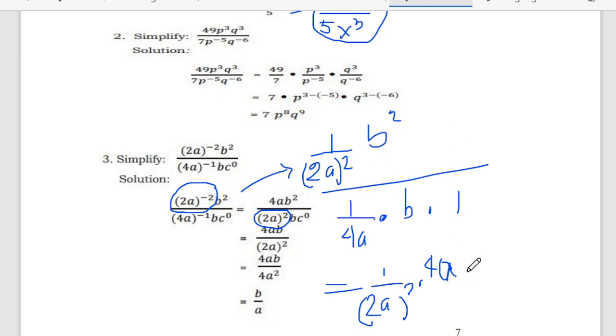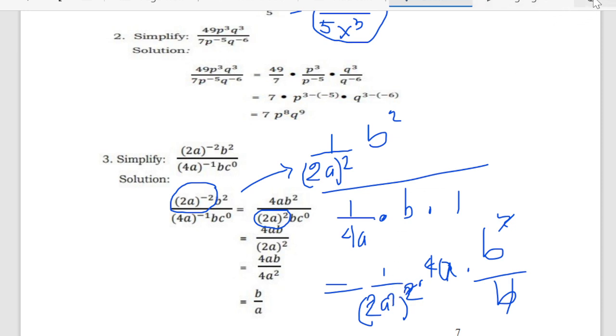Tapos meron siyang B sa taas, B squared. Meron din siyang sa baba, B. So, cancelled ang isang B. This is squared. Okay, so 2 times 2 is 4. Okay, this will become 4A also, 4A squared. Okay, so makakancel na ang 4. Dalawa of 2 is 4. Meron pang squared dito. So, may squared siya.